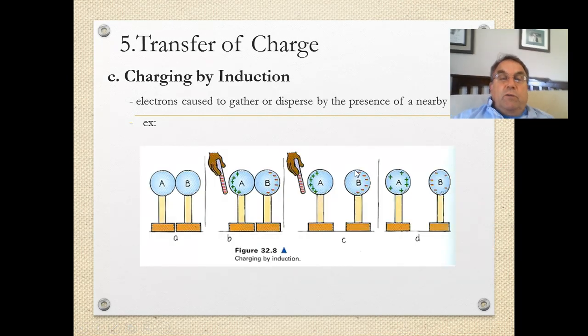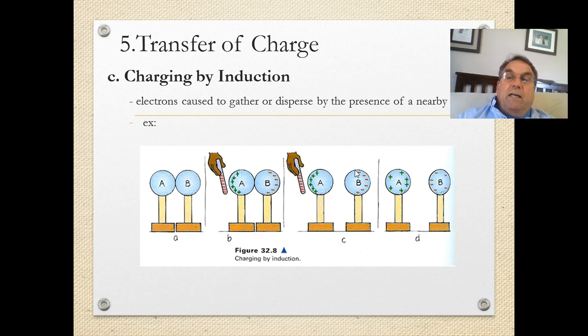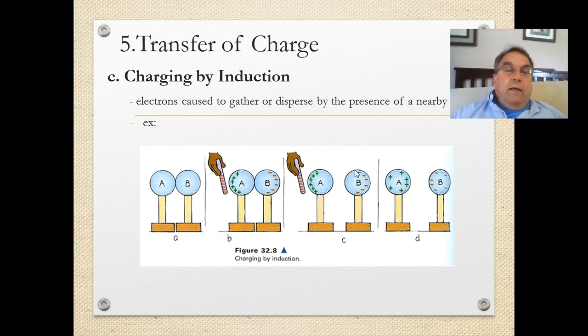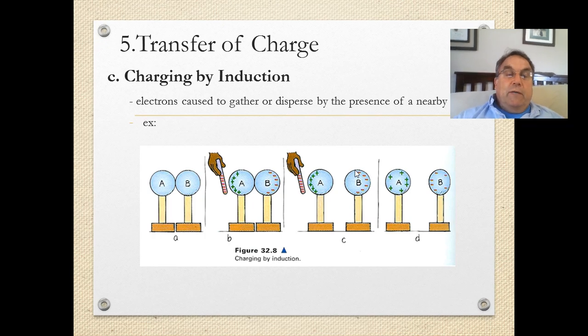Okay, the most tricky is charging by induction. You can induce a charge not by touching it, not by friction, but merely by bringing a charge next to it. So here we have an illustration. We have two metal spheres. They're on an insulated base, and you can see that they're touching. And then a negatively charged rod is brought near these metal spheres.